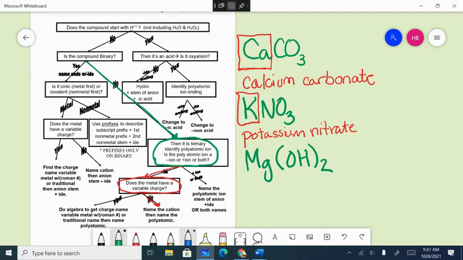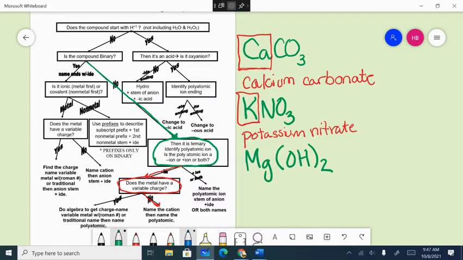Now you're going to run into compounds that have parentheses in them. The parentheses, believe it or not, make our job easier because the polyatomic ion is inside the parentheses. So whenever you see parentheses, you're like, oh, I already know what my polyatomic ion is. It's inside of there. So my polyatomic ion is OH. What's OH's name? Hydroxide.